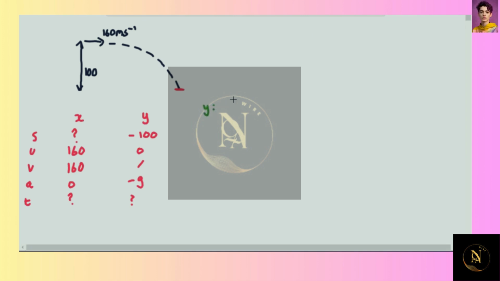So let's solve the vertical equation first. What we do know is that s, our distance traveled, is equal to ut plus half at squared. But there is no initial downwards velocity, so this term is equal to 0. Substituting in values, minus 100 is equal to minus g over 2, that's half of acceleration, multiplied by t squared.